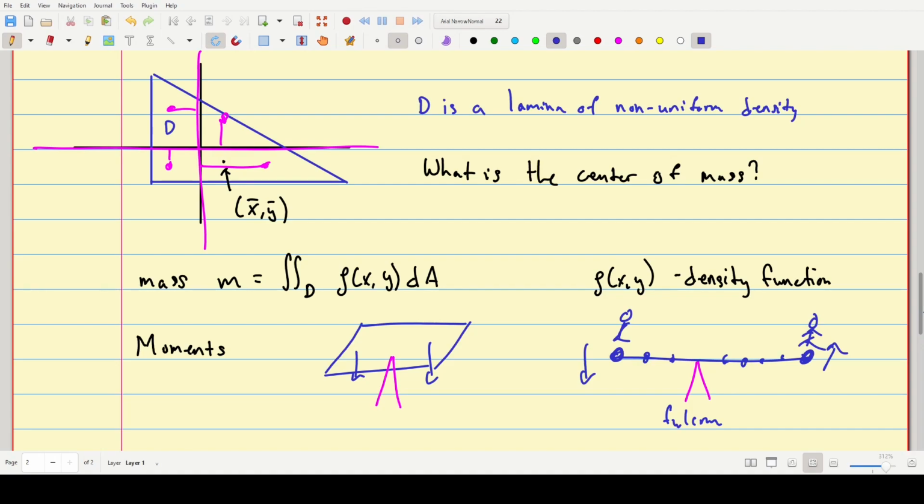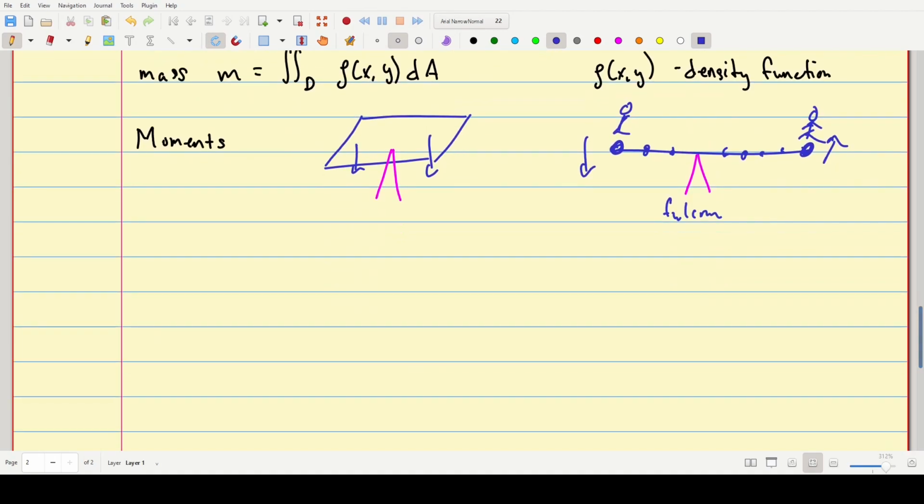That's how integrals arise. Now, the way that these things are defined, the letters are a little bit mismatched, so do be wary of that. The location of the x-coordinate for the center of mass is given by the moment in the y direction divided by the mass.